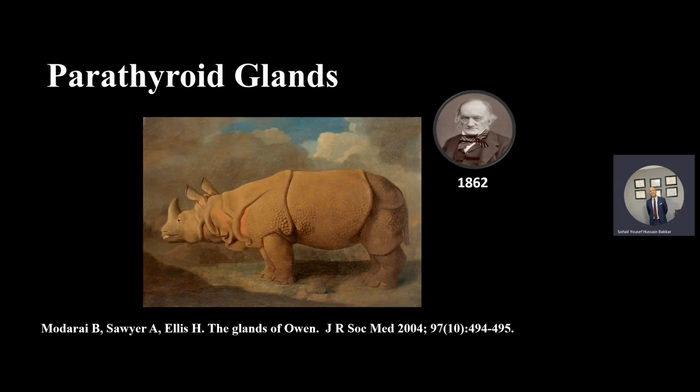The parathyroid glands are the last human organs to be discovered. These glands were discovered in the Indian rhinoceros by Owen, and therefore these are known as the glands of Owen.